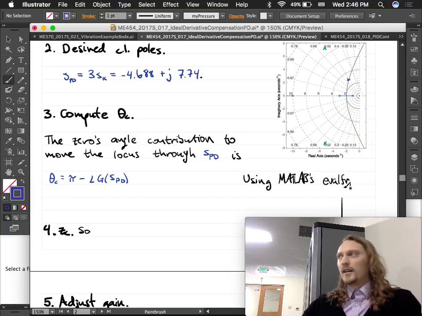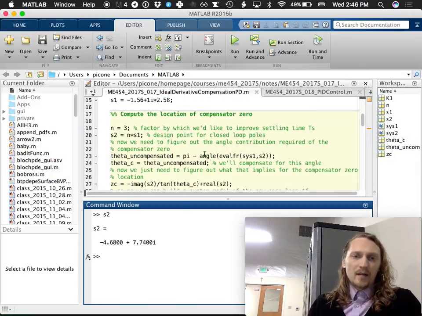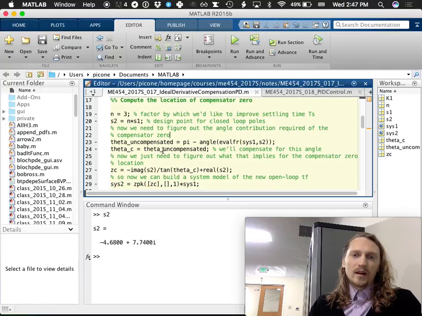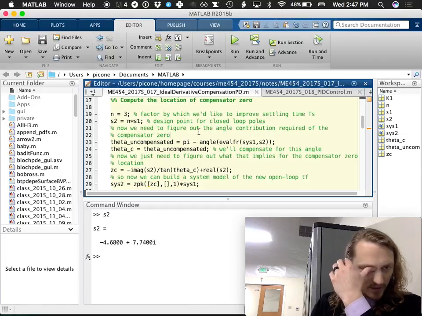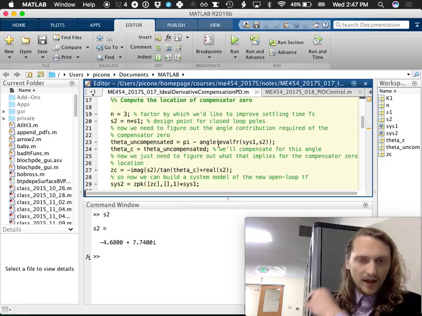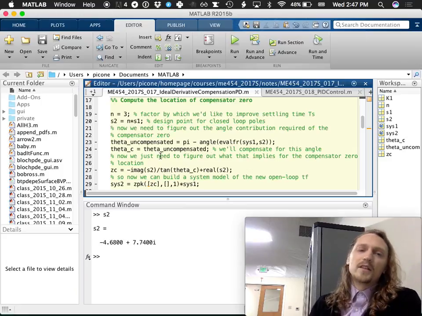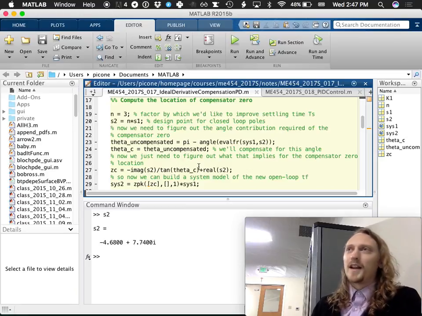And in MATLAB, I wrote down theta uncompensated. So we're going to set it equal to that. We'll compensate for this angle. This was sort of a semantic thing where I said theta uncompensated is this, and we want to compensate for that angle. I actually regret using that double notation there.